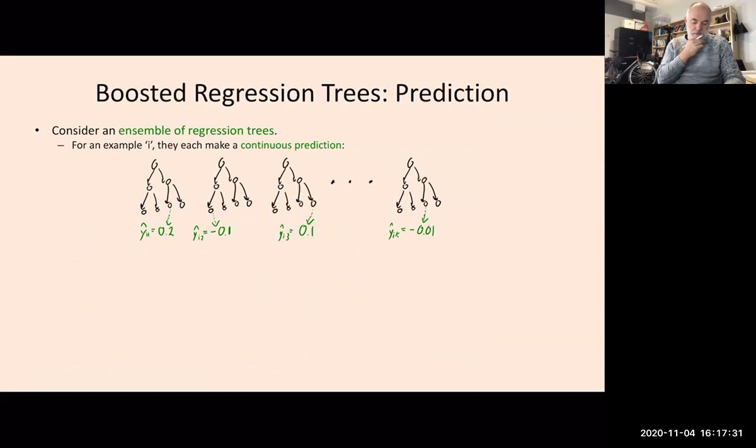So how do you do prediction? Well, we have an ensemble of regression trees. For every example i, they make a continuous prediction. So y_i might in this tree get filtered down here, it might get filtered here in this tree, through here in this tree, and here in this tree. And each one of these is going to produce, because of the weight at that particular leaf node, a real valued prediction for that input point.